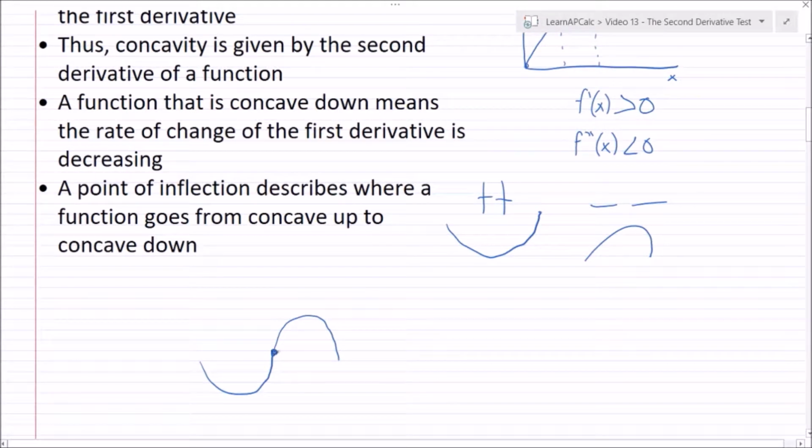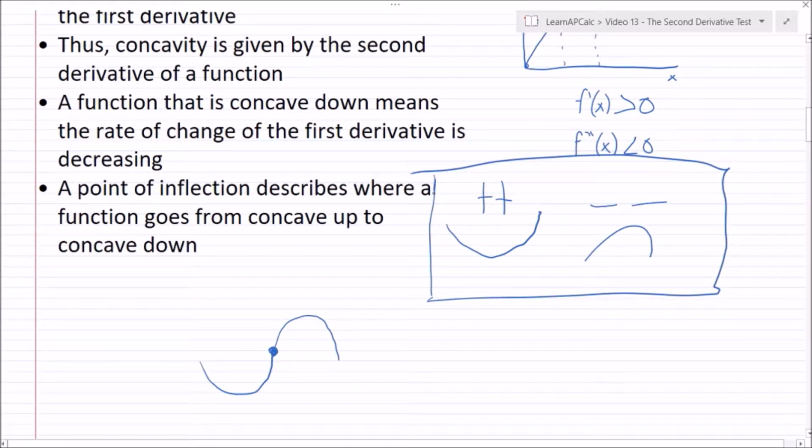And that's what a point of inflection is: on one side we are either concave up or concave down, and on the other side we are the opposite of what we were. Now this is not the easiest thing to grasp, so if you guys have any comments, any questions, don't be afraid to just leave a comment and I'll help you out. Also, remember the picture.